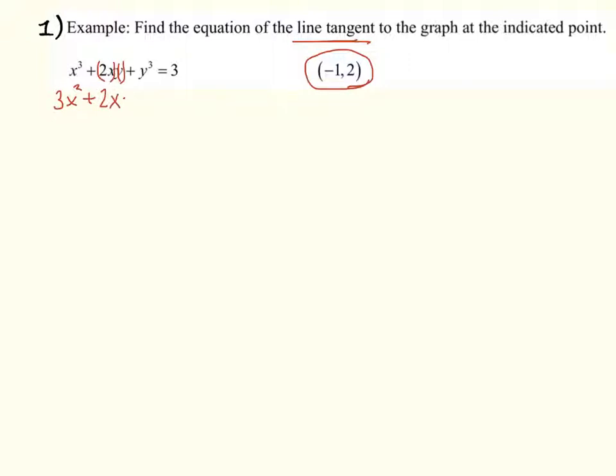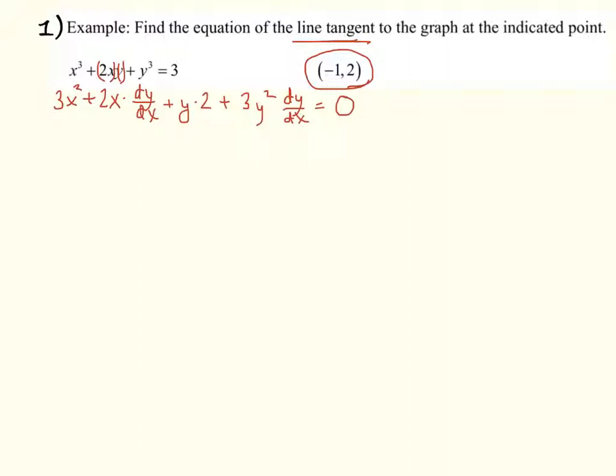Remember, the derivative of y would be 1 times dy/dx, so we're just going to put the dy/dx. Plus our second, y, times the derivative of 2x, which is 2. Plus the derivative of y cubed, which would be 3y squared dy/dx, is equal to the derivative of 3, which is 0.